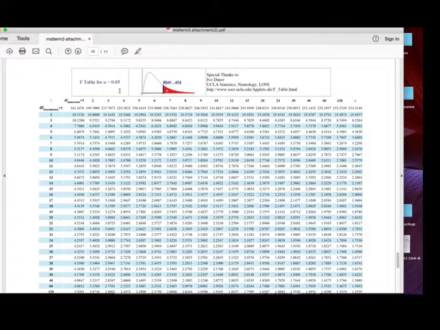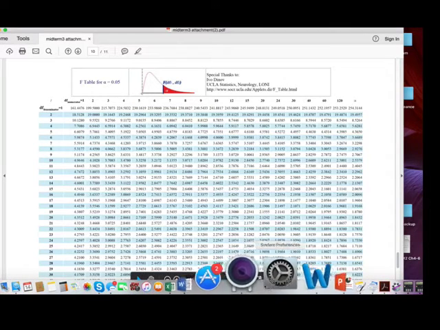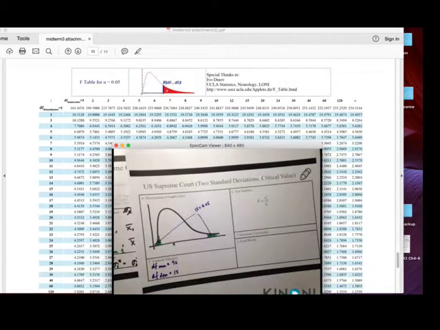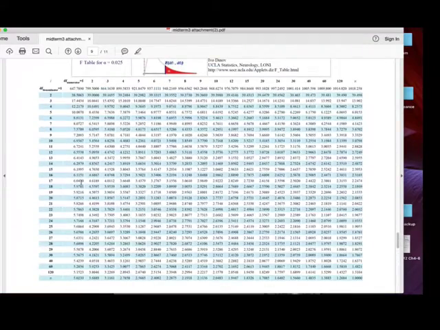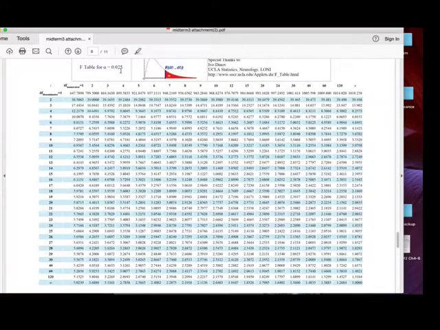Since we have 2 tails and the significance level is 0.05, each tail will be 0.025. So we're going to look at this one.